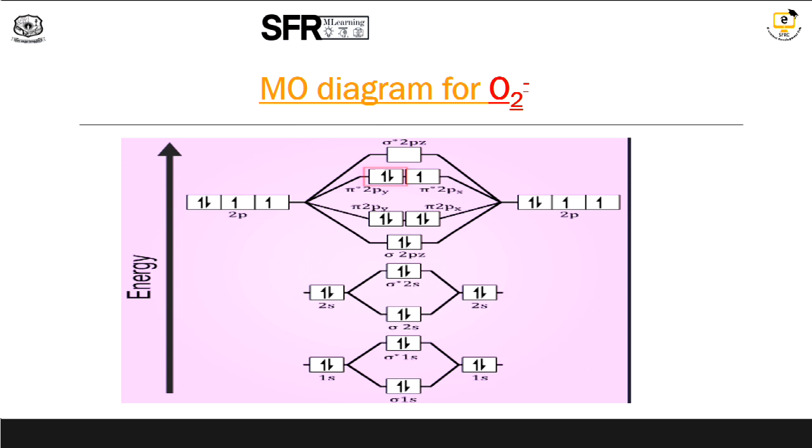Now we discuss the anion of the oxygen molecule, represented as O2 minus. This O2 minus has one more electron present in the MO diagram.